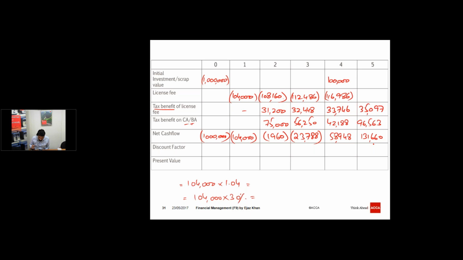Okay, now we need to pick up the discount factors. It's another thing that you need to keep. What discount factors we should be using? Uzair, the tax benefit for year 4. Okay, Uzair, I will explain it by the end of the question.